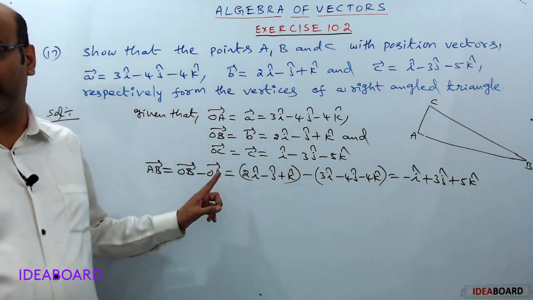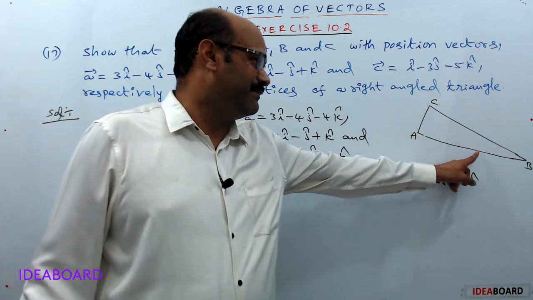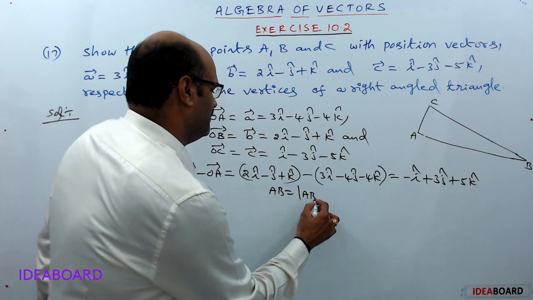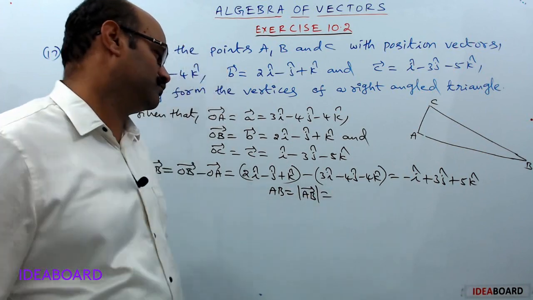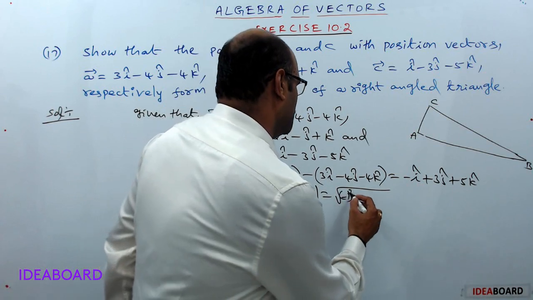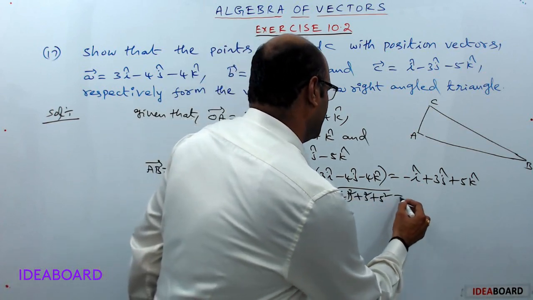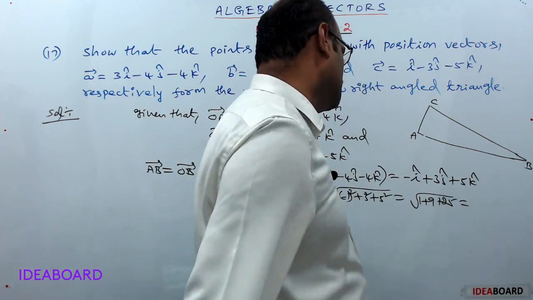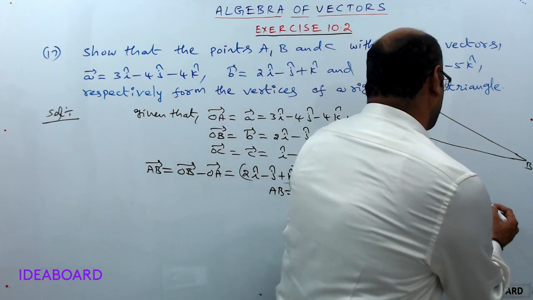Now we have to find the magnitude of the vector AB. So the magnitude of AB vector is always equal to square root of (minus 1) whole square plus 3 square plus 5 square, 1 plus 9 plus 25, equal to square root of 35.